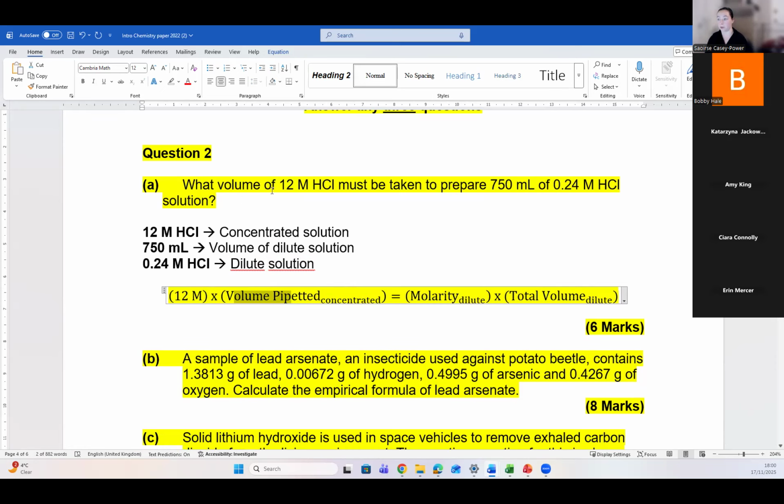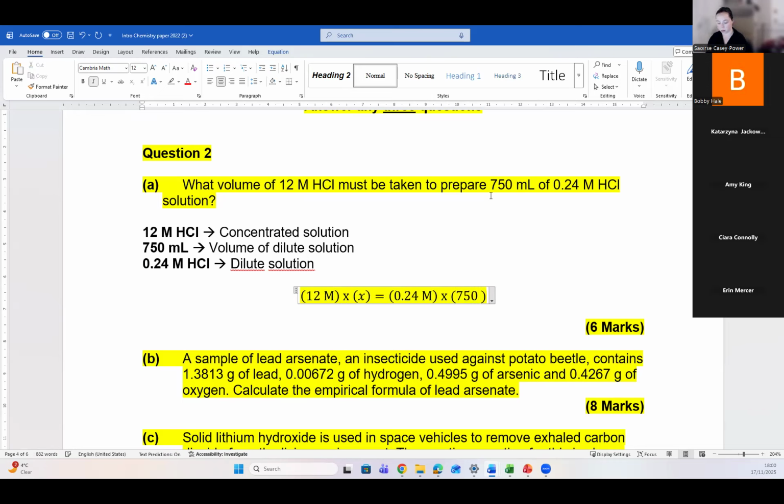So what volume of this solution? We don't know that yet. So I'm going to call that X. That's what we're going to solve for. Your molarity of your dilute solution, we're given that in the question, that should be 0.24 molar. And then the volume that we're going to prepare is 750 ml.